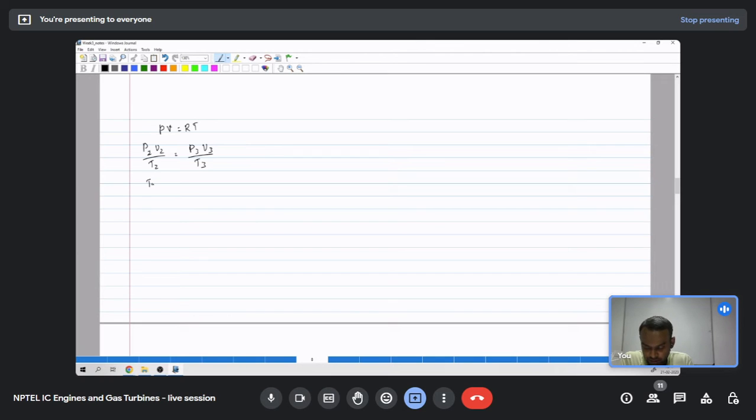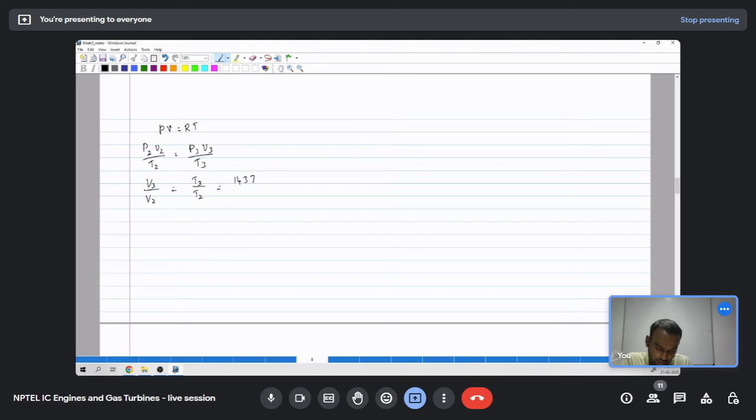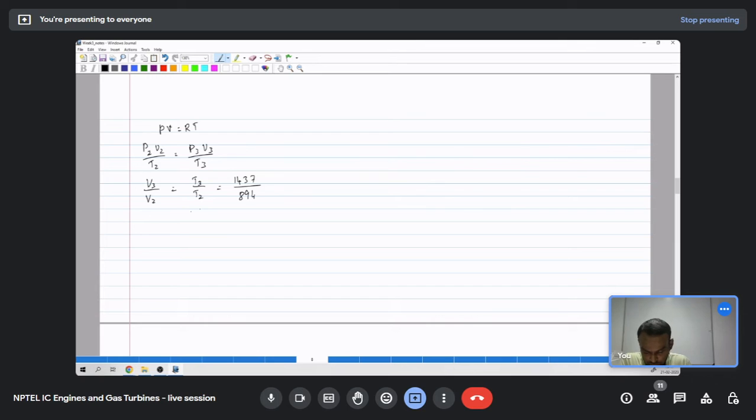I need to calculate V3, so V3 by V2 is equal to T3 by T2, which is T3 is 1437 and T2 is 894. So the cutoff ratio is V3 by V2, which is what we are computing. So that is 1437 by 894, which is 1.607.